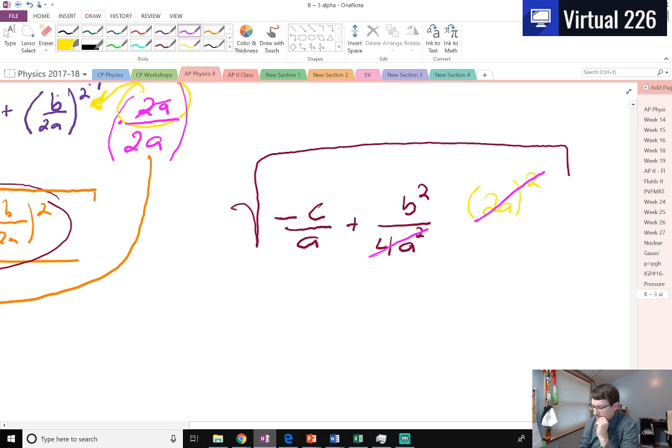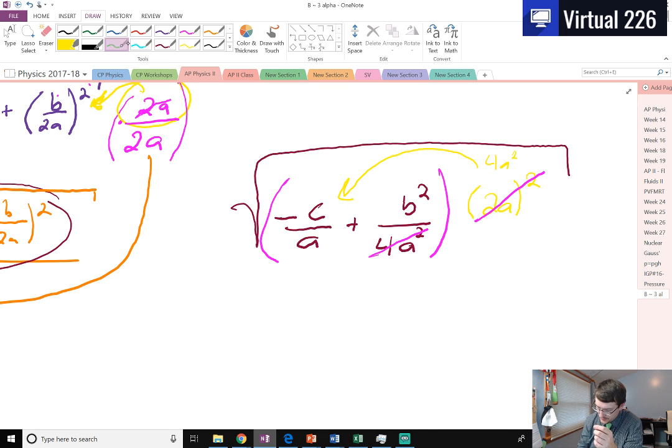and that's actually multiplied by this quantity. So this 2a squared, or the 4a squared right here, gets canceled out to that, but it also applies to the c. This is why this one stinks to derive.